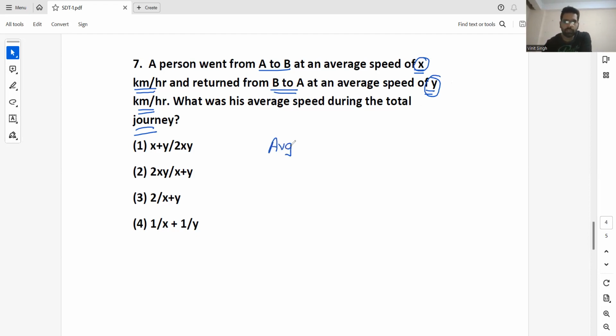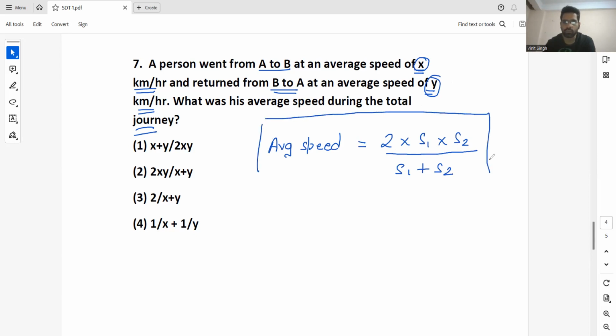Now, what is the formula of average speed? Simple formula is there: 2 into S1 into S2 upon S1 plus S2. Now, this formula is used when distance is constant.